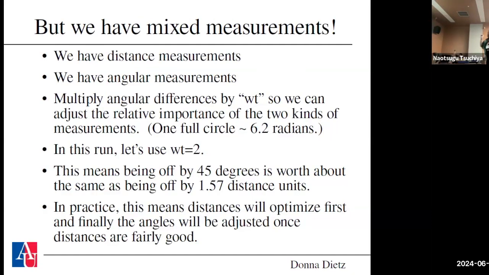I just chose a weight of 2, which is not meaningful. It means in this situation, being off by 45 degrees is worth about as much as being off by 1.57 distance units. So you have to pick the ratio of the values of your 2 quantities so that they can be combined in one model. And then you can just change that and see how it changes your stability. Okay?